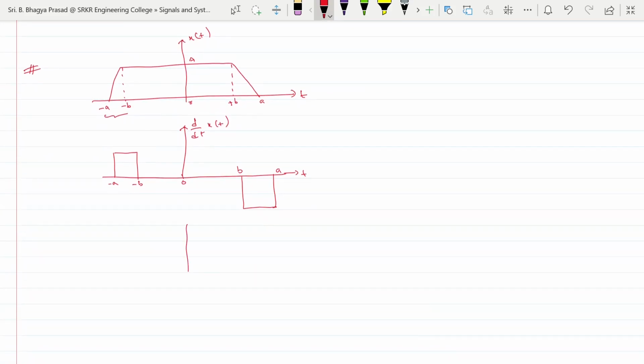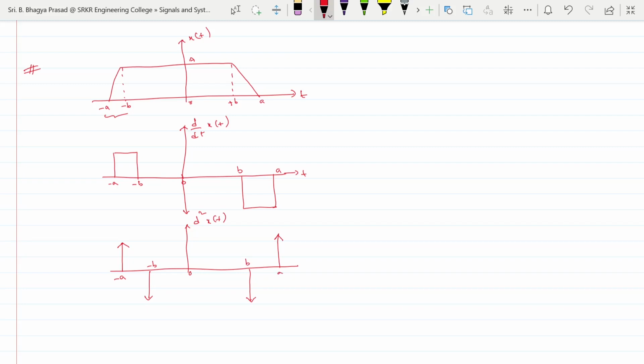And we go for another derivative, d square of x of t. We represent these pulses with impulses at minus a and minus b, 0, and at b there is a change of value from 0 to a negative value, and at a there is a change from negative to positive.